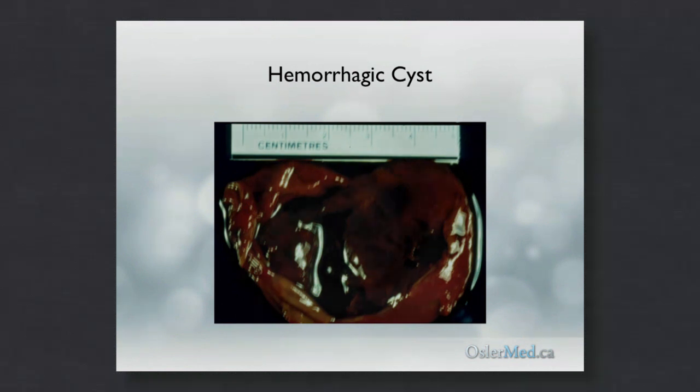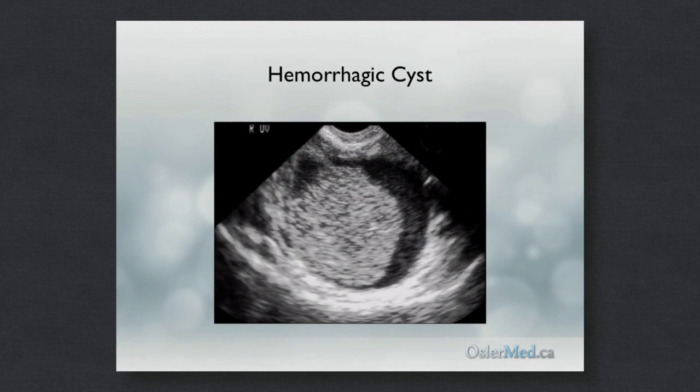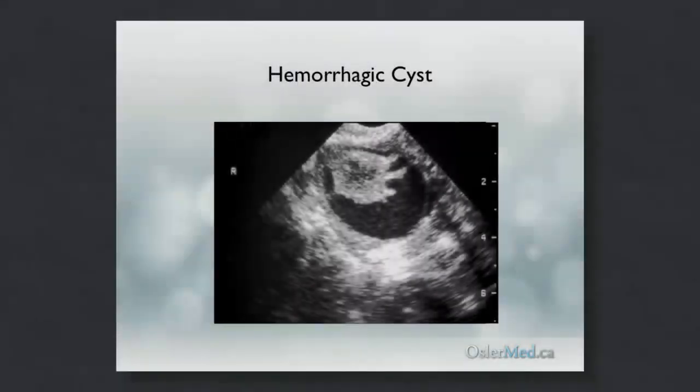On ultrasound, it has a very typical sonomorphology where we see the solid component retracting away from the cyst wall, and again, with the use of Doppler, adding support that there's no flow in that solid component, and you can be very comfortable with the diagnosis in a premenopausal patient. And as the blood clot retracts more, it can become a little more irregular, but again, a fairly typical appearance.